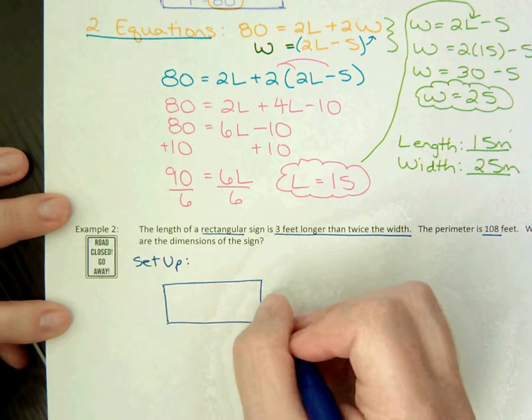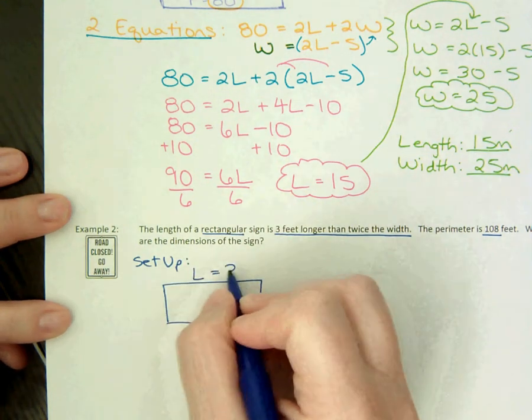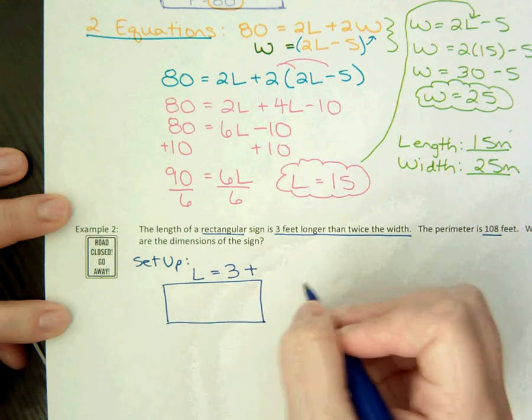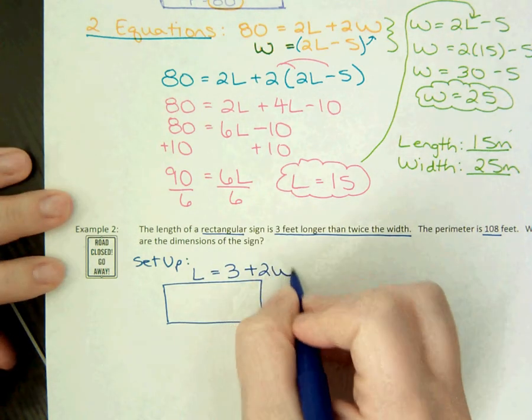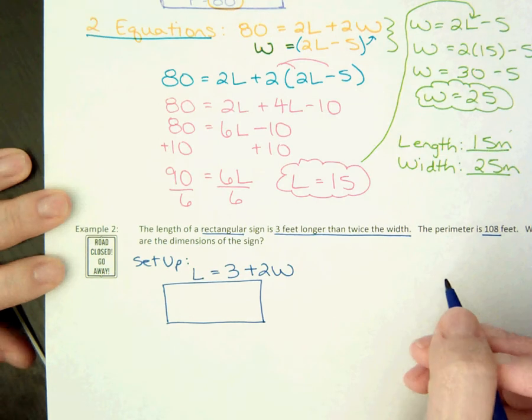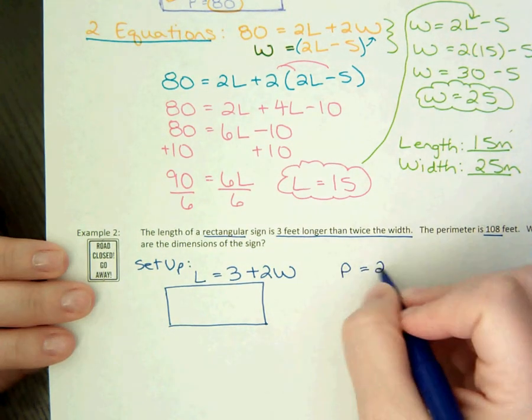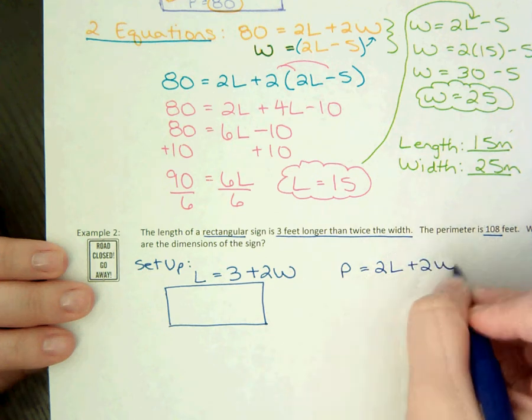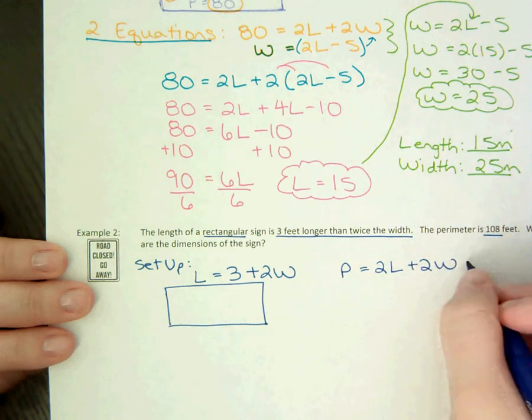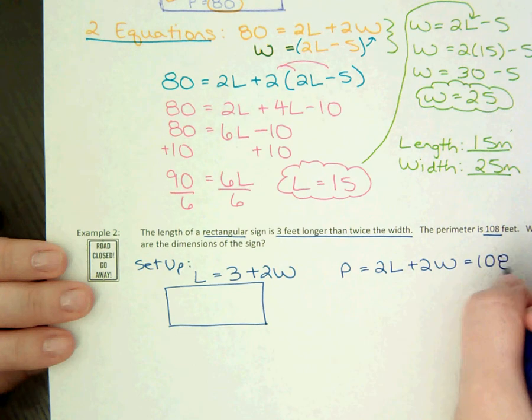It says the length is 3 feet longer than, so adding, we don't have to worry about the order, twice the width. And we know the perimeter, which is 2L plus 2W, is 108 feet.